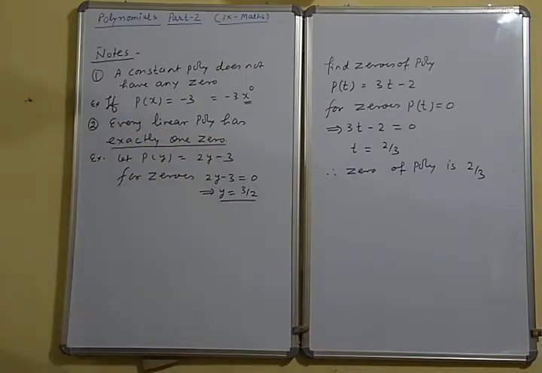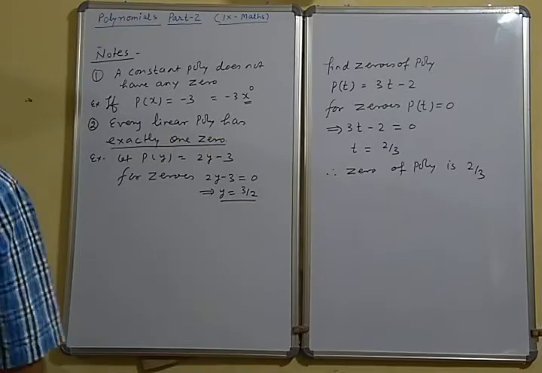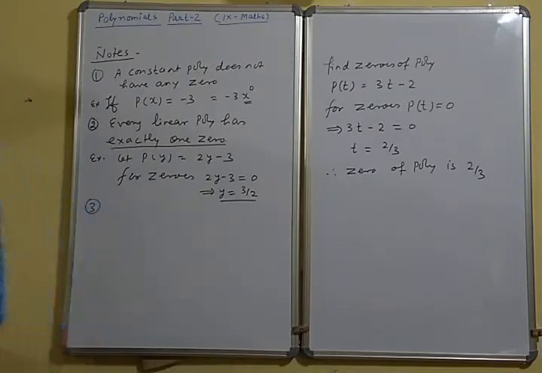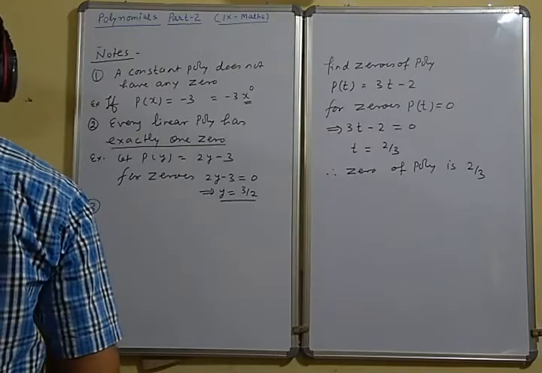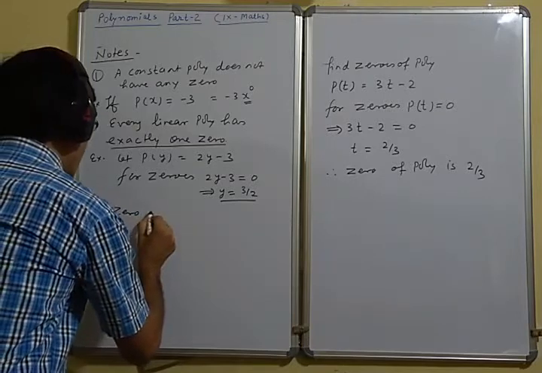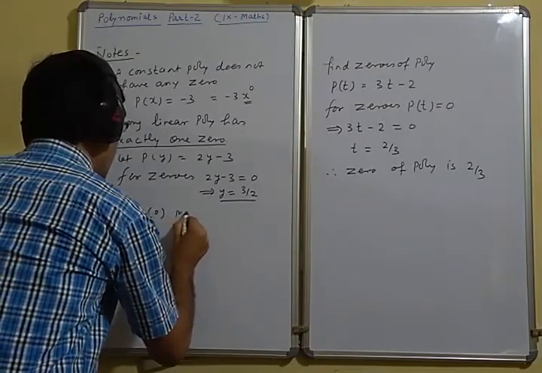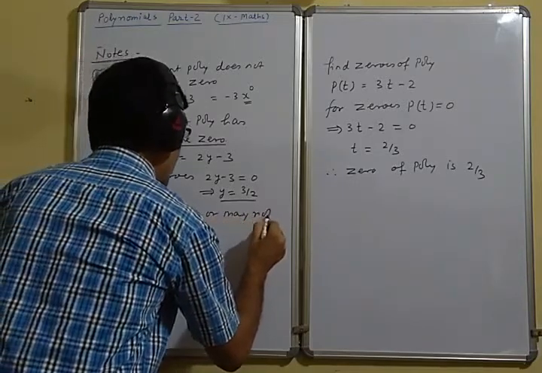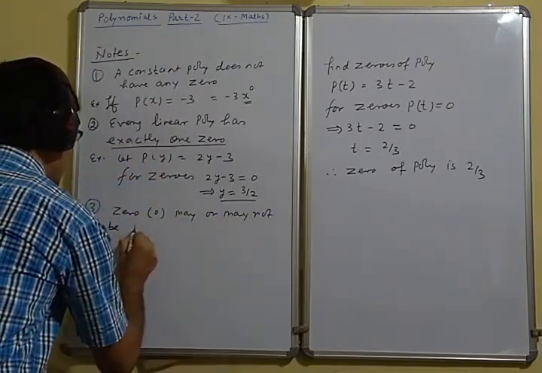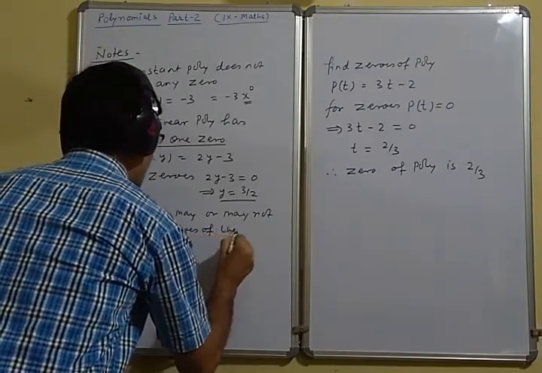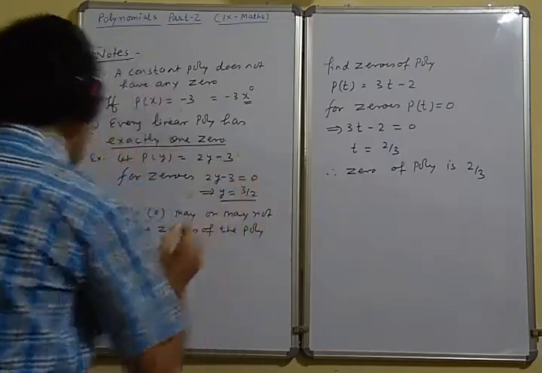Now third point, 0, that is numeral 0, may or may not be the zero of the polynomial.